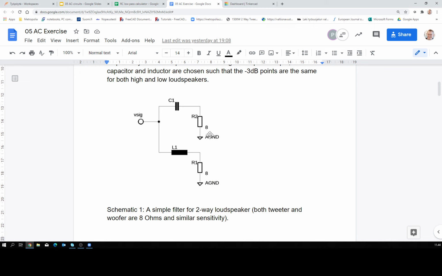Well, those are loudspeakers, but anyways, the model for this is a resistor. Don't use the loudspeaker they provide in Tinkercad. It does not really work, and it just slows down this exercise.